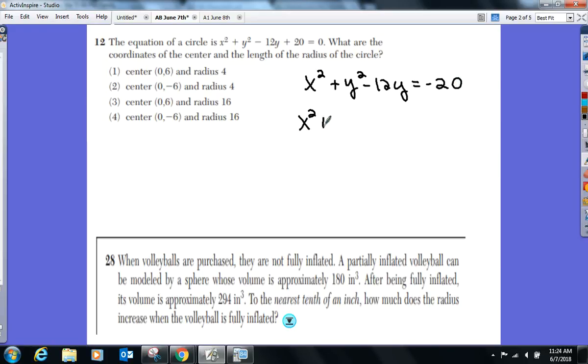Just to make sure we're all on the same track, what number is completing the square for the y's? What's that new c value? Should be positive 36, everyone.